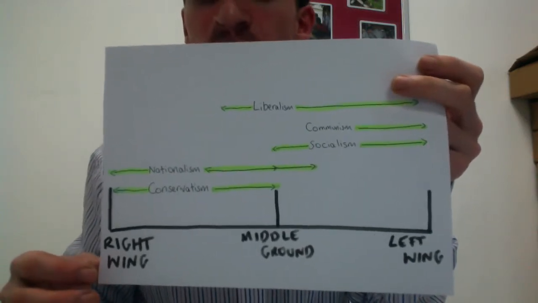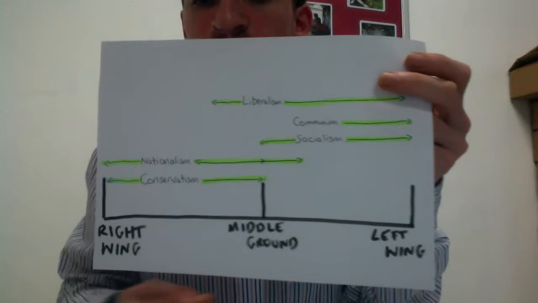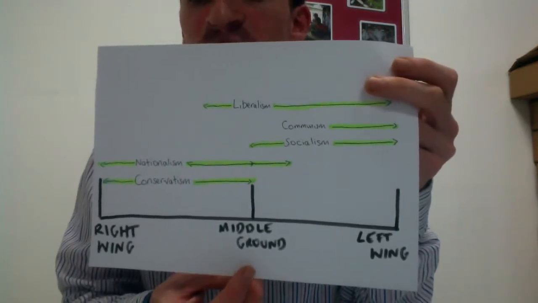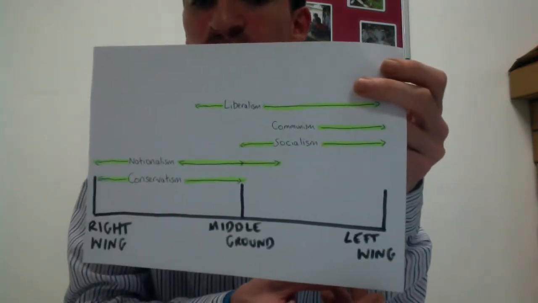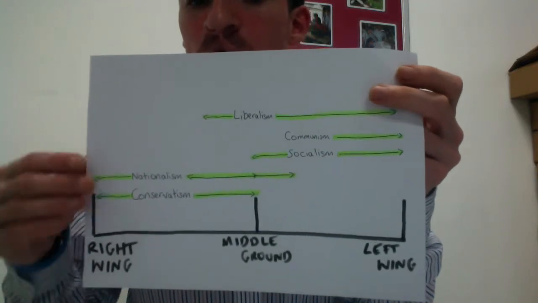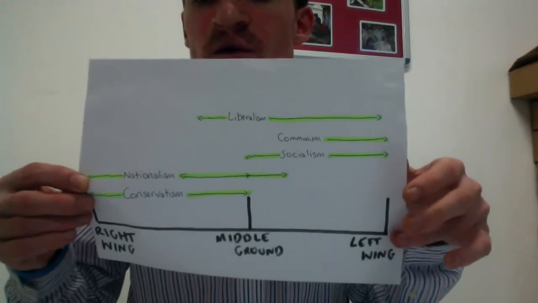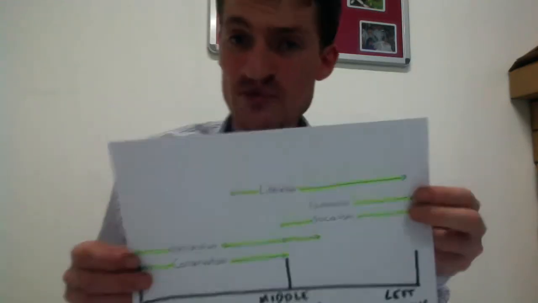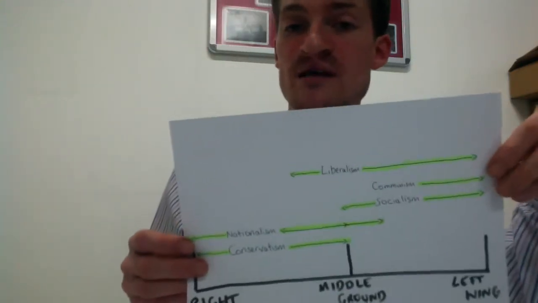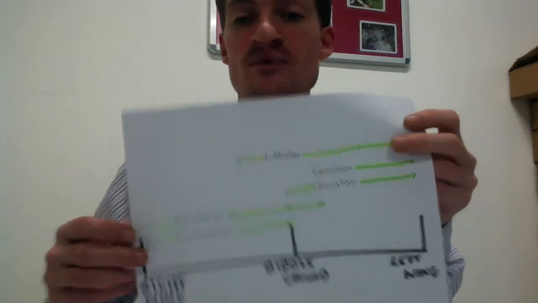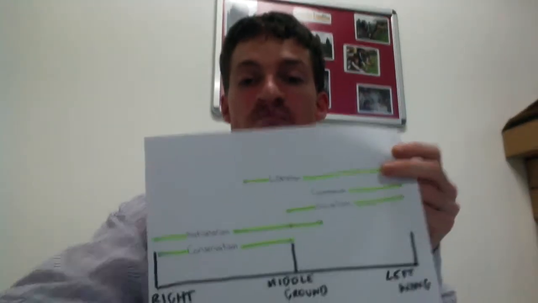So in politics you have right-wing thought, you have those that are in the middle ground, and you have left-wing thought. Okay? Now, on the right wing and the left wing, if you're here, then these are the really extreme points of view that people may take as part of their beliefs and that they may believe in.